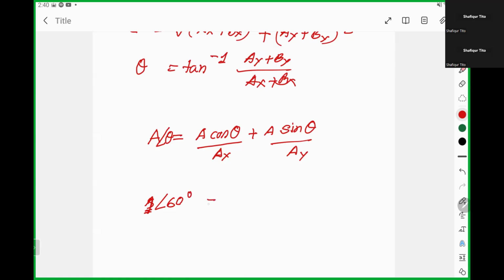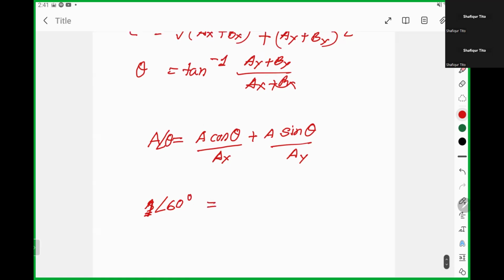So what I can write, I can find A cos theta is equal to 1 cos 60 degrees, which is root 3 by 2, right? Okay, sine of 60 is root 3 by 2, and cos of 60 is half, right?